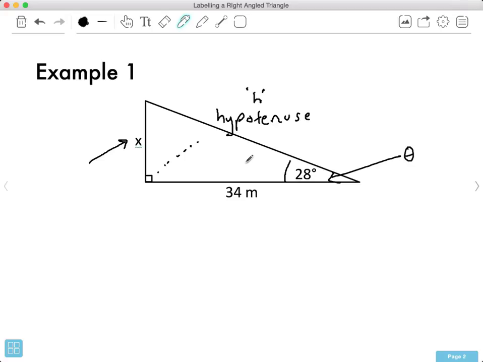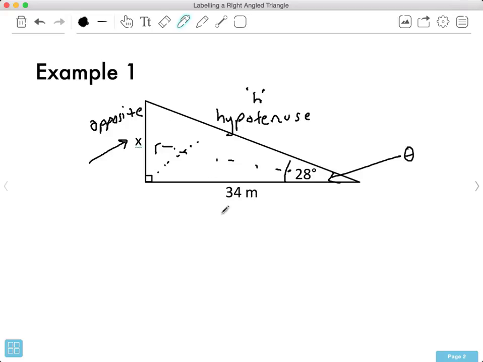So the opposite side is opposite from the angle of interest. If you think of this as like a little eyeball, it is staring right across the triangle at the opposite side. Had this angle up here been the given angle, 34 would have been the opposite side.